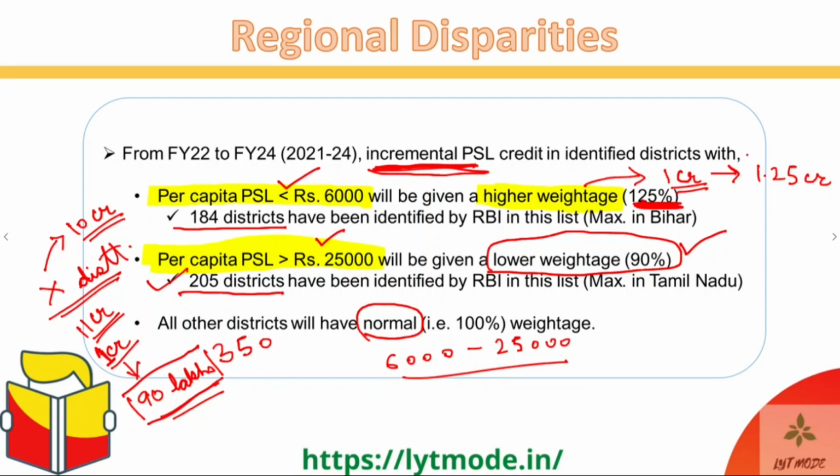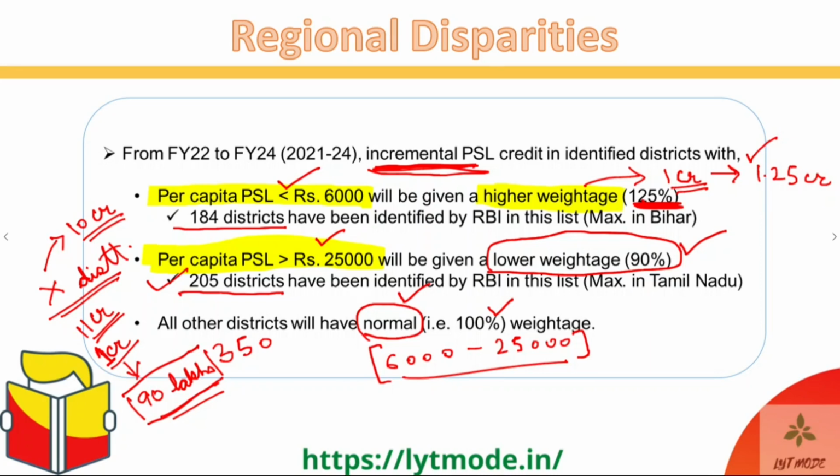This will be considered a higher loan under PSL lendings. That is why banks will now try to lend more in the lower per capita PSL regions. For the normal regions, between 6,000 and 25,000, 100% weightage will be given for any kind of PSL. Nothing has changed there.